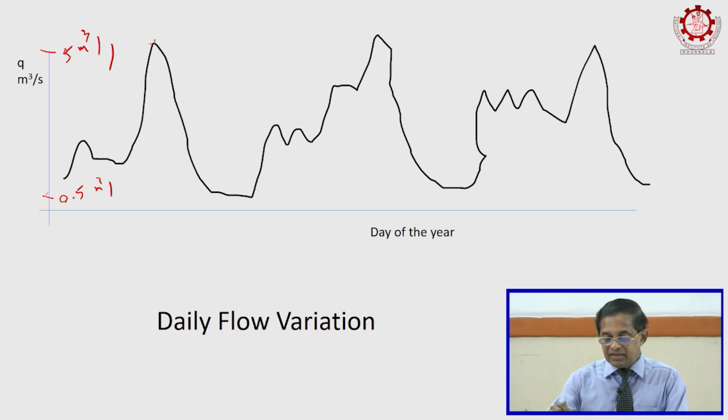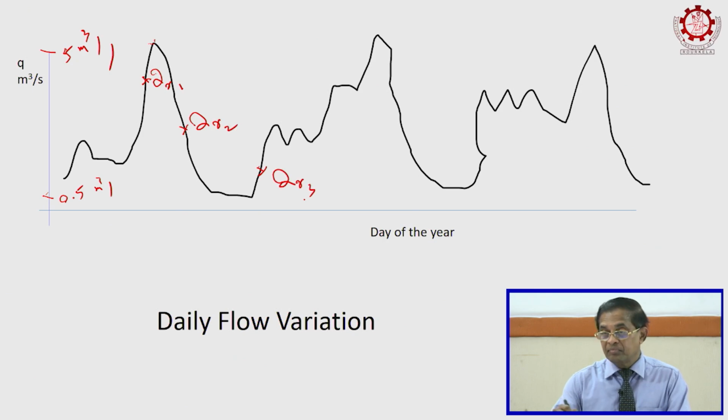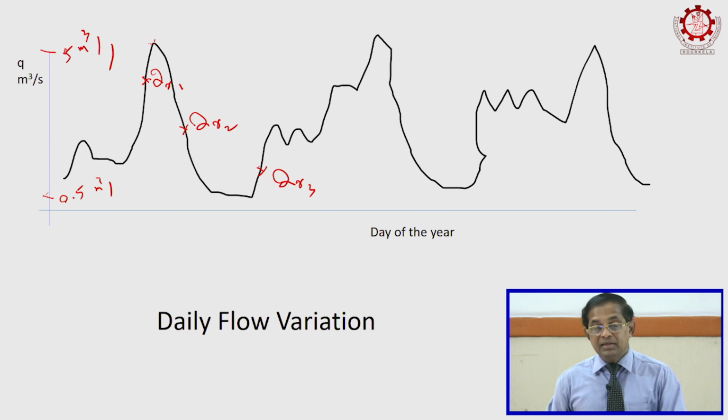So, where shall we say our plant should be designed for? Rated flow here, or rated flow here, or rated flow here. I will call them QR1, QR2, QR3. So, how can we decide?